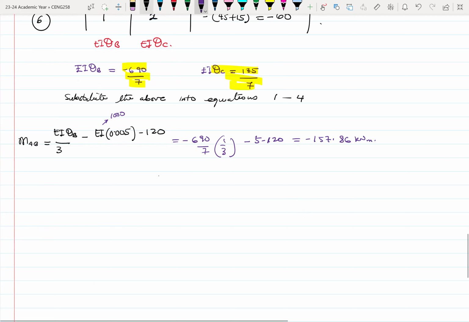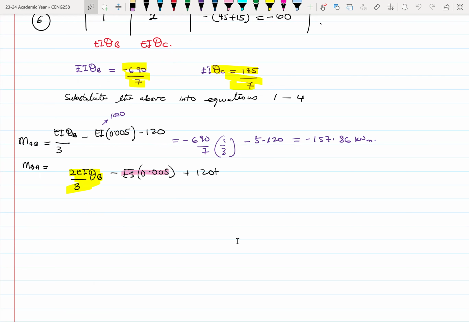And now we try with the MBA. So with MBA, we already know what MBA is. So again, we just copy our information and then we just work with it. All right, so this is our MBA.